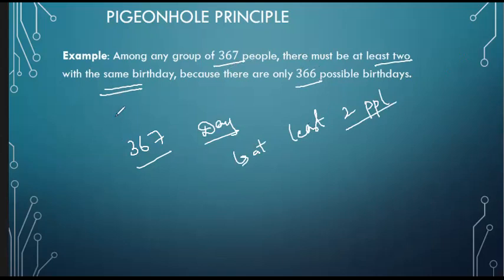Okay, apart from that, we can also see another example. If we have a group of English words, suppose we have 27 English words, and how many alphabets do we have? We'll just write it over here.